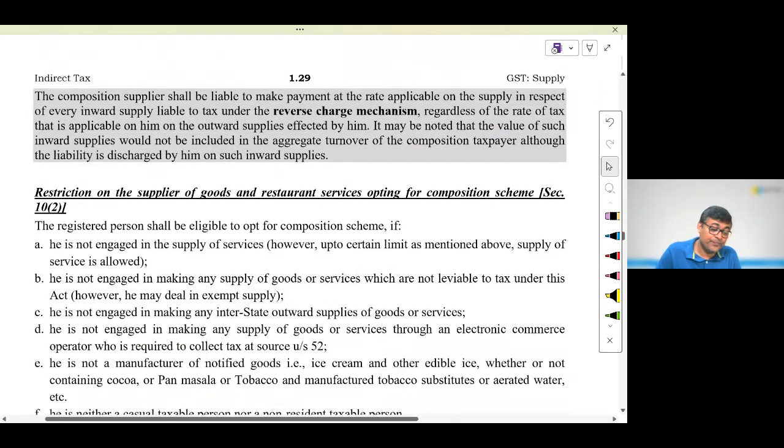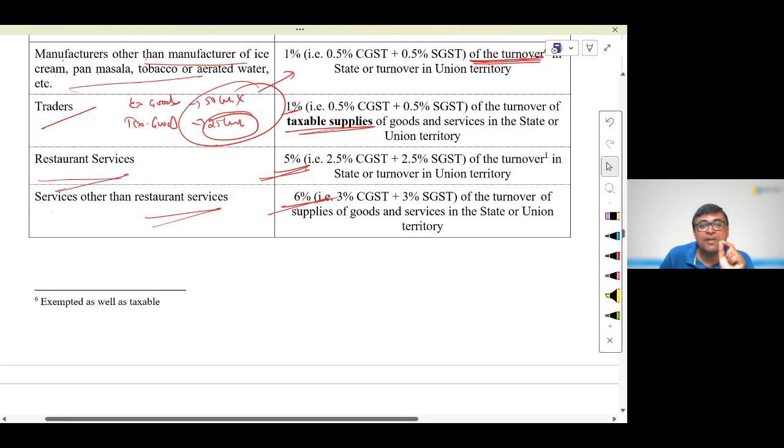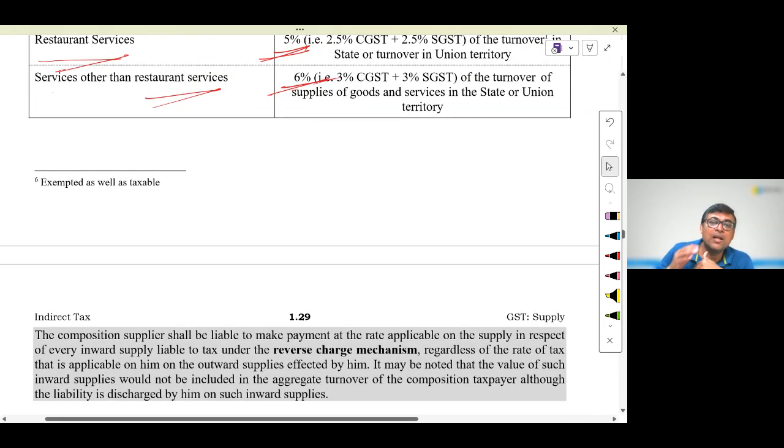Be careful. This concessional rate is applicable in case you are paying tax under forward charge mechanism. Any reverse charge liability, whenever you are liable to pay tax under reverse charge mechanism, you are supposed to pay tax regularly. Is it clear?